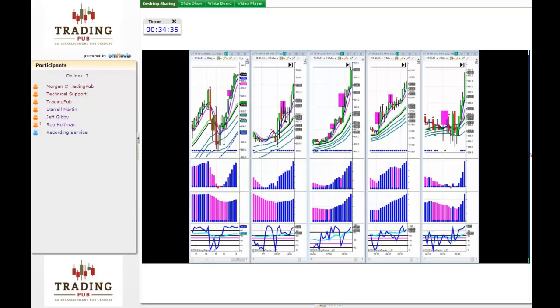Now, my signal then is to get back above that area, which shows me that the person who was interested in selling, whether they shorted or were just selling from pre-existing long positions, is no longer there, and that the market has generated enough buy interest to push through that level. So that's where I'm looking at my entry being one tick above those areas. Okay, so hopefully that makes sense.